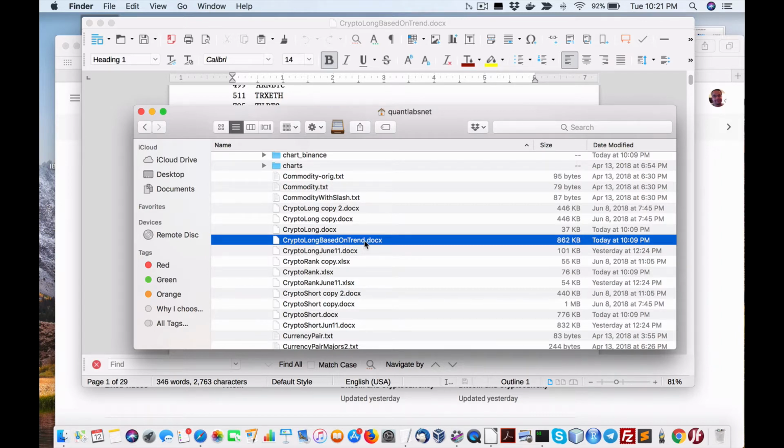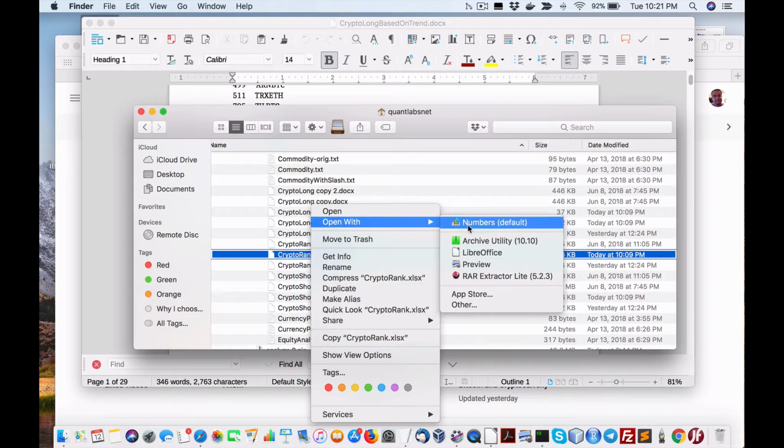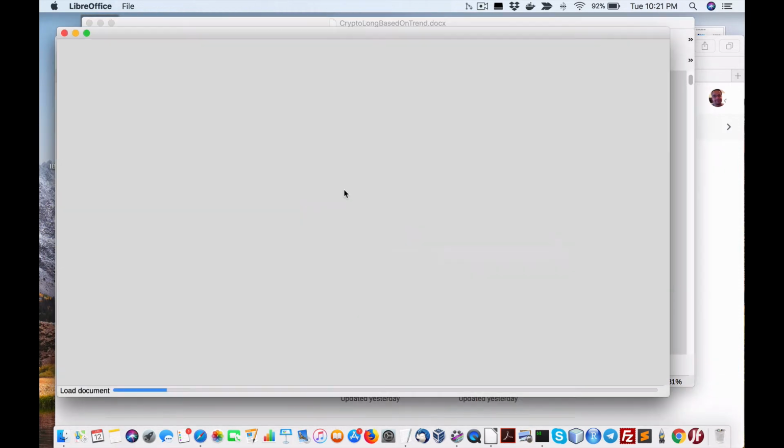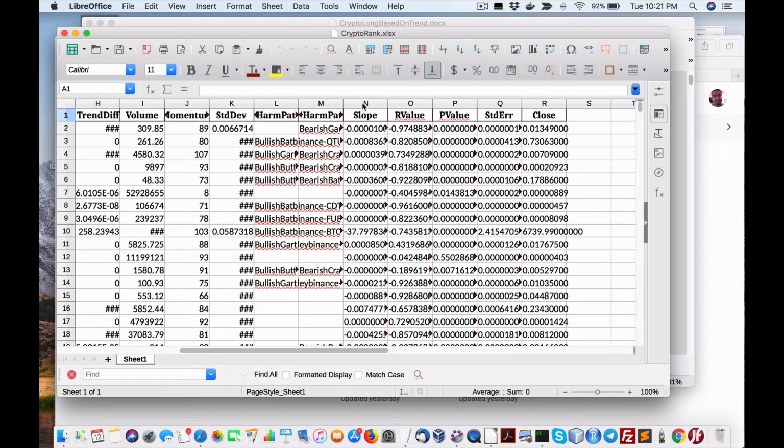But there's still some opportunities out there, and I've created this new document called Crypto Long Based on Trend. In the spreadsheet, I've added a few more columns, just to add to the confusion, of course. I now do a slope using linear regression on all the data.